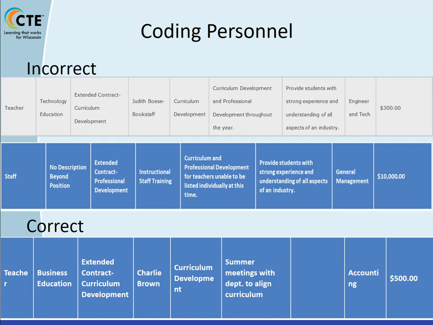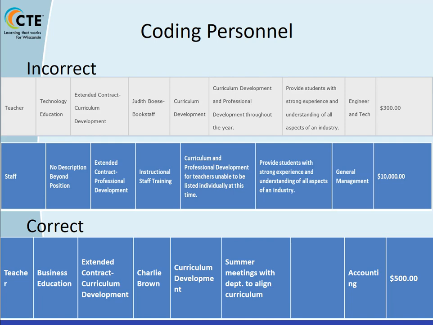In the second line, what is the issue? In the description, it says professional development for teachers who are unable to be delisted. Staff refers to counselors and administrators, not teachers. These individuals would not be coded as staff, but rather individually licensed teachers. As I mentioned earlier, you cannot budget salaries for people that do not yet exist.